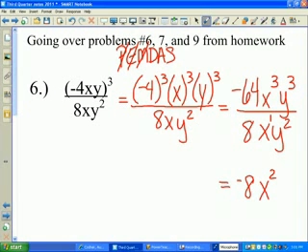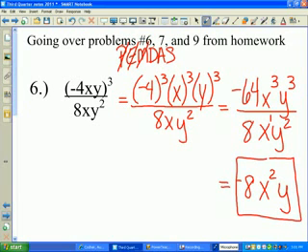So x raised to the 3 minus that 1 gives me x squared. So I'm subtracting my exponents. I have y cubed divided by y squared, which will give me y. And this is my answer, completely simplified. Okay? Take it step by step.